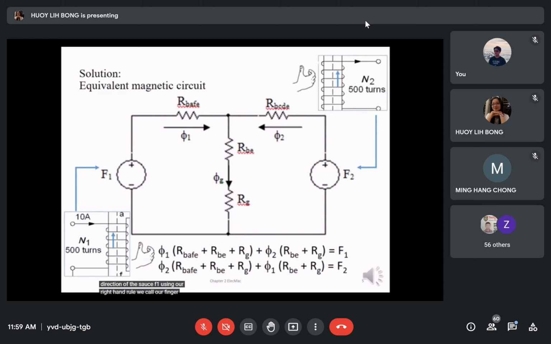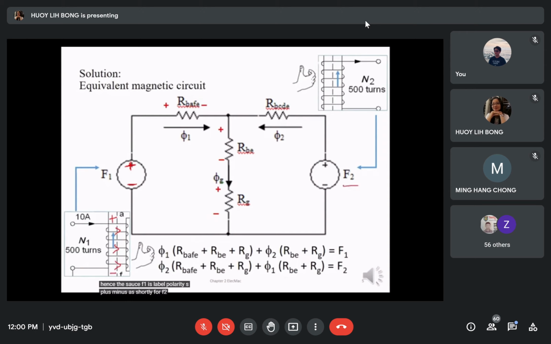We coil our fingers according to the direction of the current and the winding. We will get the flux flowing from the bottom to the top. Hence, the source F1 is labeled with polarity as plus minus as shown.